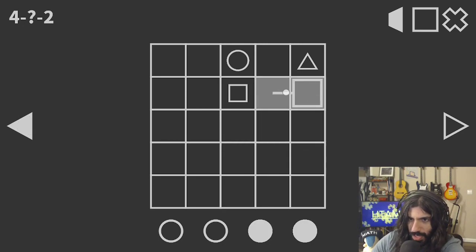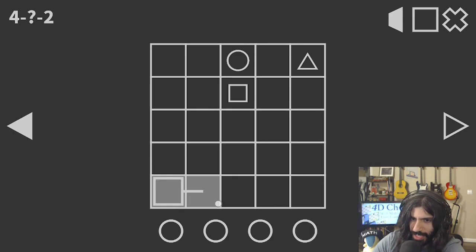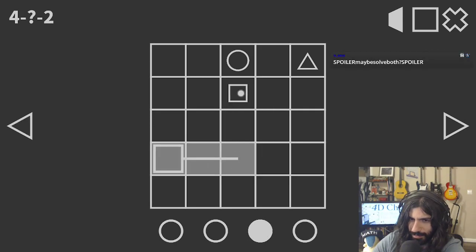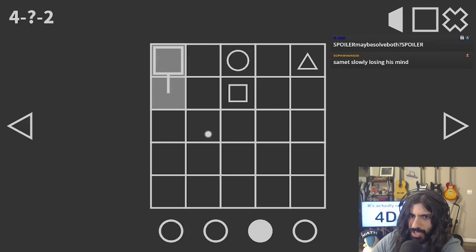Whenever I do a horizontal path of length 2, it doesn't ruin the previous solution. Those are the only ways I don't ruin the previous solution.